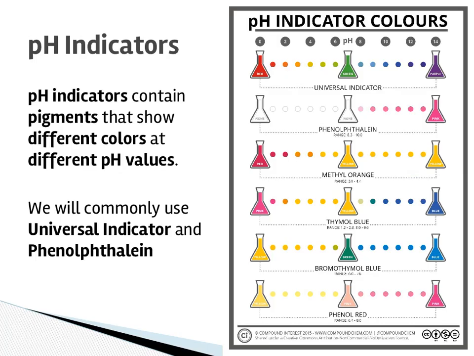pH indicators are used to tell us what the pH of something is, but it is a little bit of a vague term. Over here I have a list of a bunch of indicators. The only two that we are going to use will be universal indicator and phenolphthalein. Universal indicator shows us all the way from 0 through 14, and it also shows a gradient, so you can see it changing colors as you go across.